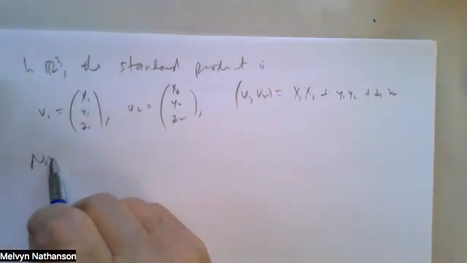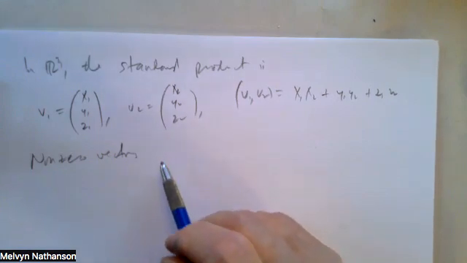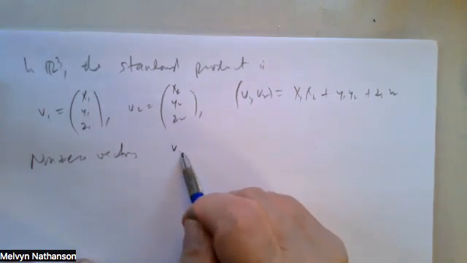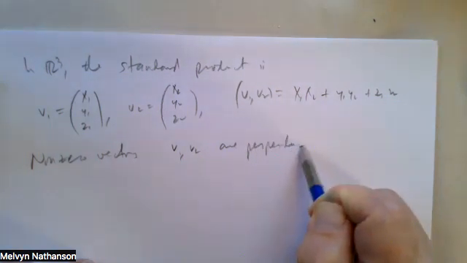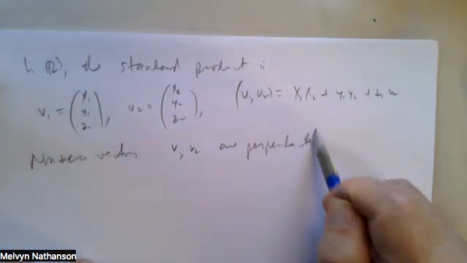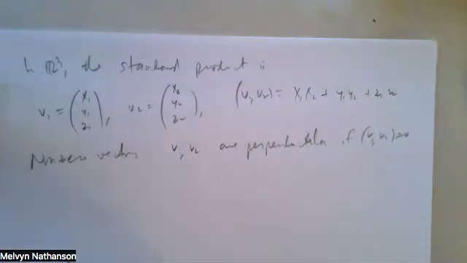And if we have non-zero vectors V1 and V2, V1 and V2 are perpendicular if the inner product is zero.